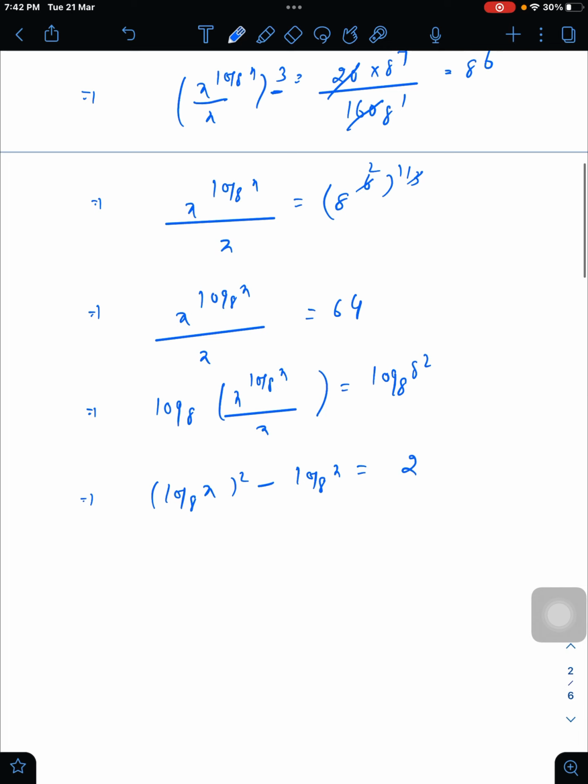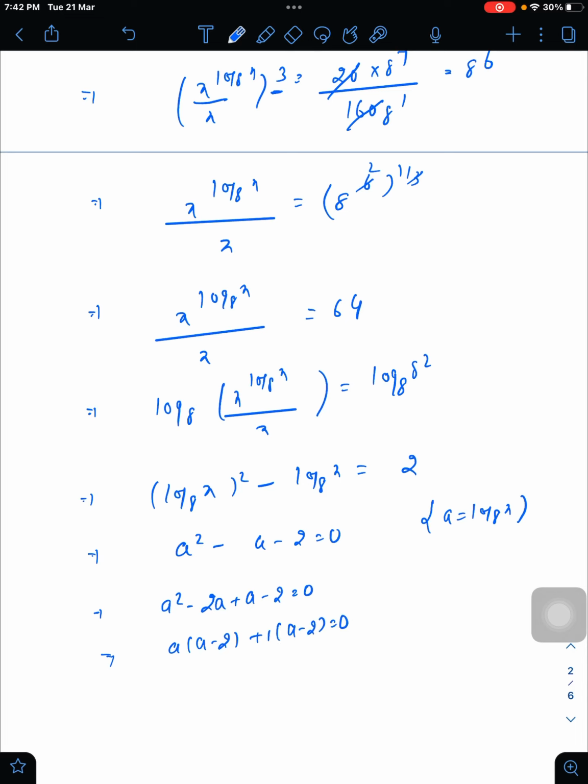Now how am I going to solve this, beta? Look, I can write a square minus a minus 2 equals 0, where a is equal to log 8x. So I get a square minus 2a plus a minus 2 equals 0. Taking common, a into (a minus 2) plus 1 into (a minus 2) equals 0.